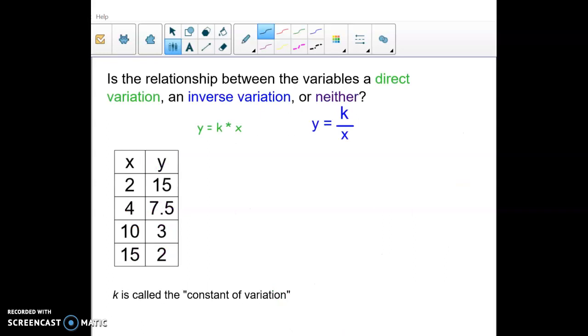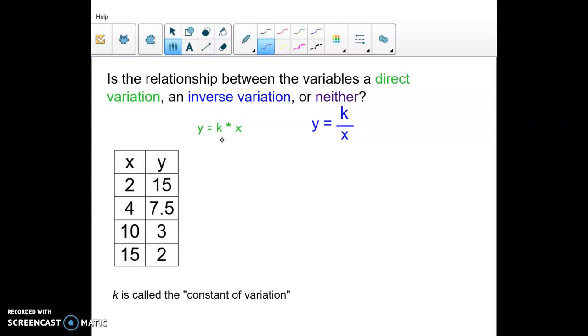Okay, so let's do some sample problems here. Remember, there are two types of variation: direct or inverse. Direct is just some fixed number times x, and an inverse variation is a constant divided by x. And I guess it could also be neither. So in a table, to determine the type of variation, I would either divide or multiply.